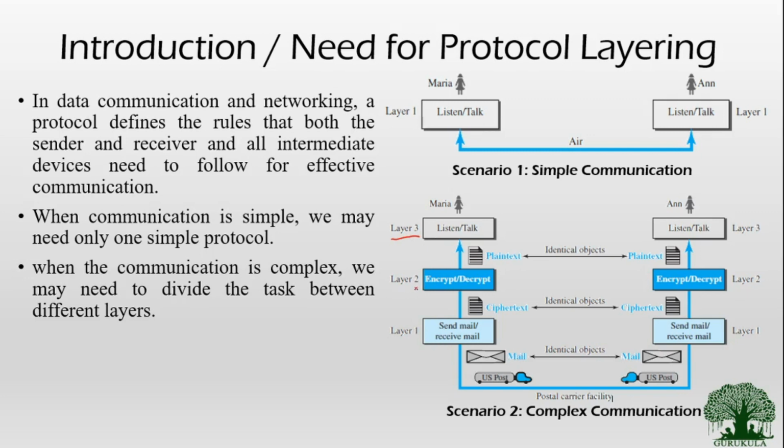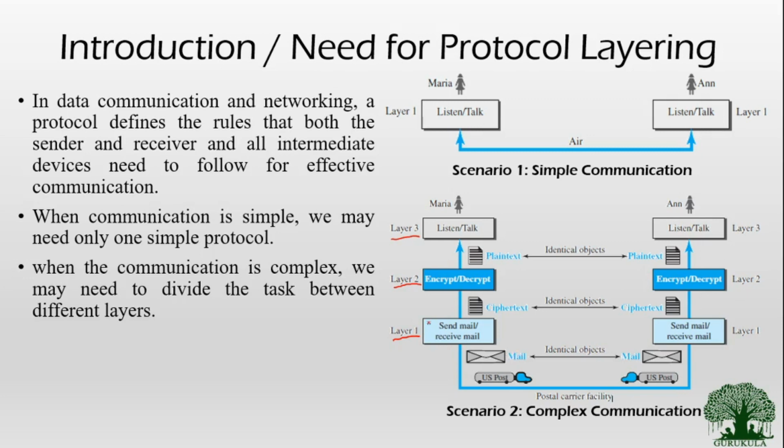And the second layer is that I will have to encrypt all the emails, because my email is going to enter into a private network, private internet. So in order to keep it safe, I want to encrypt all the contents whatever I have typed over here. So another layer of protocols or another layer of actions is required to encrypt my email, and one more layer of protocol is required so as to effectively deliver my message from one point to the other point.